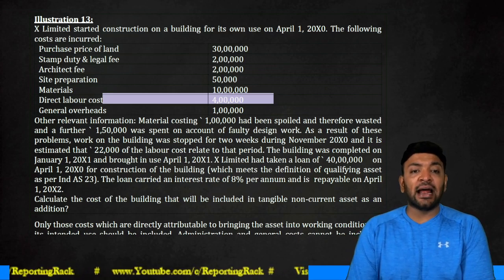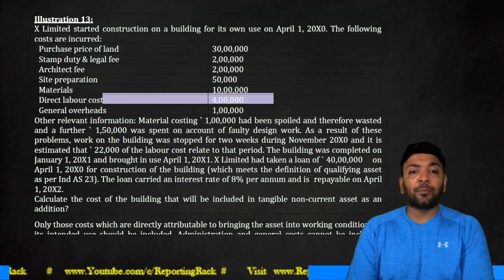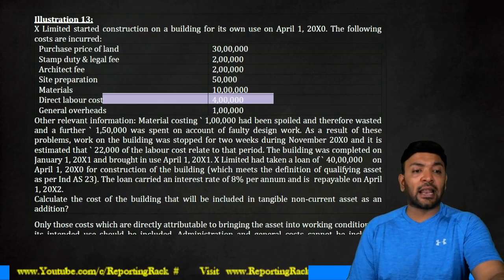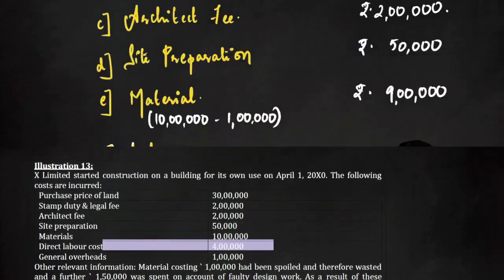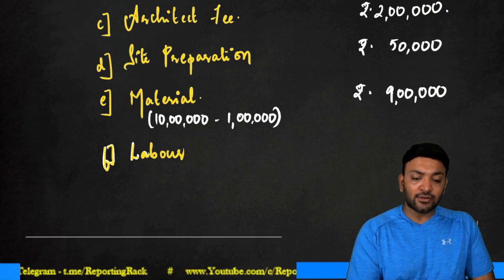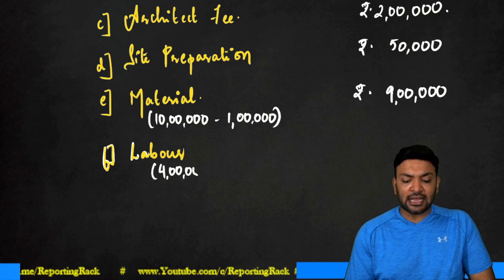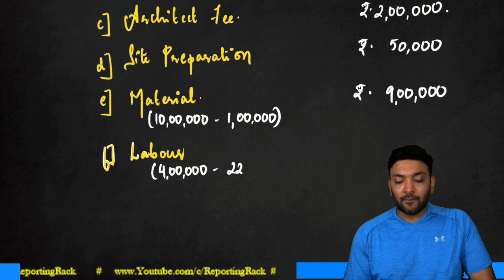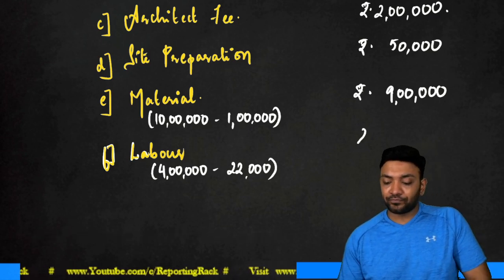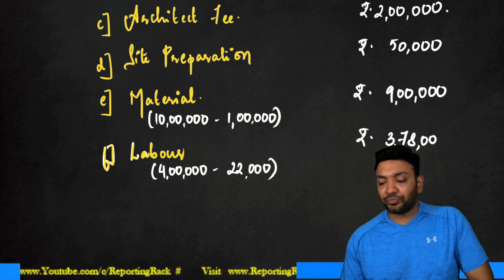And it is estimated that 22,000 of labor cost relates to this particular period. So out of 4 lakh, this 22,000 is not eligible to be capitalized. So reduce it, guys. 4 lakhs minus 22,000, 3,78,000.